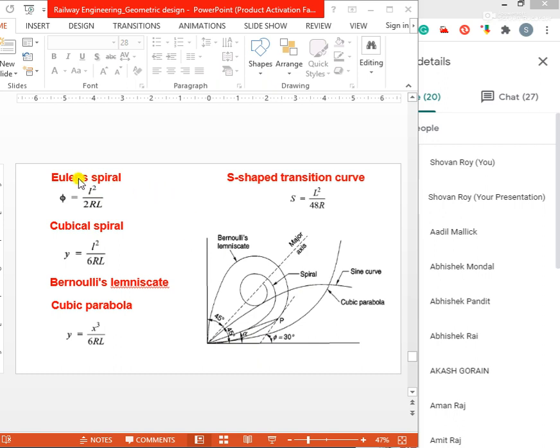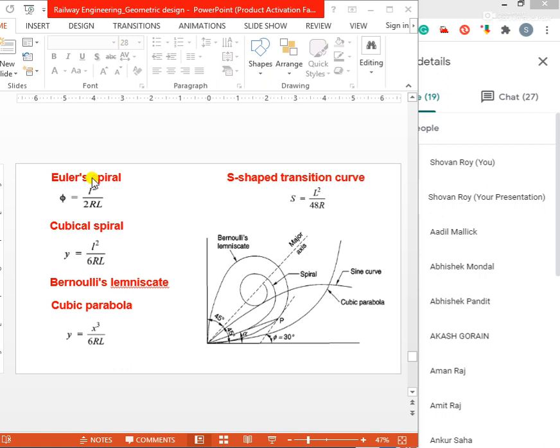L is the length of the transition curve and R is the radius of the transition curve. Small l is the distance of any point on the transition curve from the takeoff point.